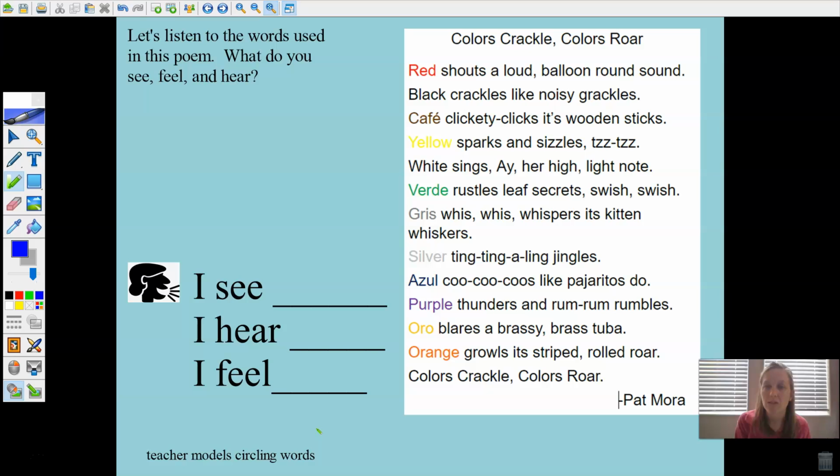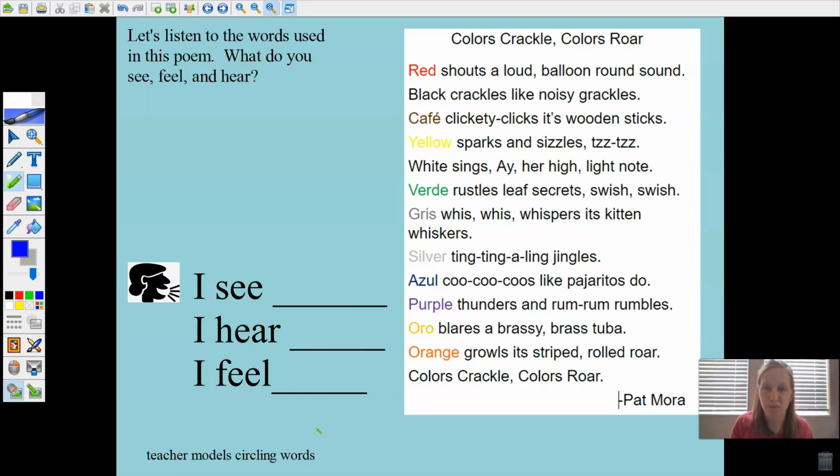Gris whispers its kitten whiskers. Silver ting-tingling jingles. Azul cuckoo coos like pajaritos do. Purple thunders and rum rumbles. Oro blares a brassy brass tuba. Orange growls its striped rolled roar. Colors crackle, colors roar.